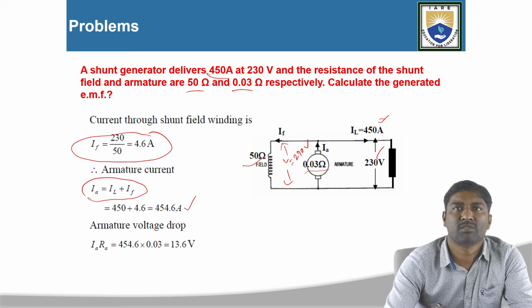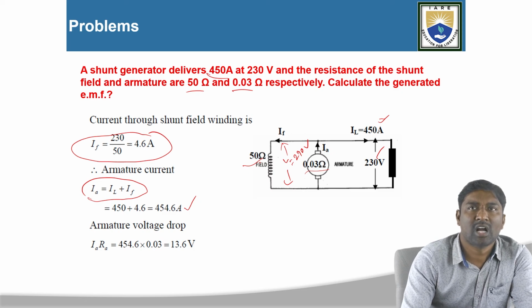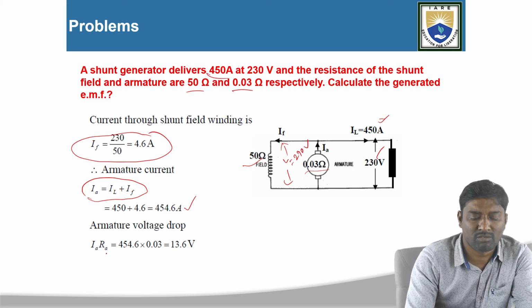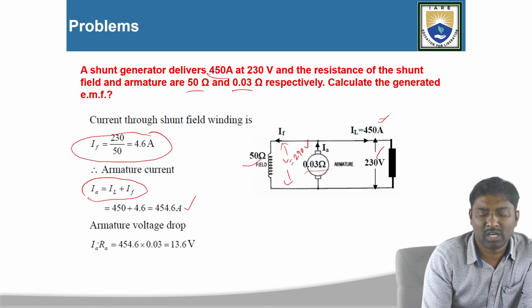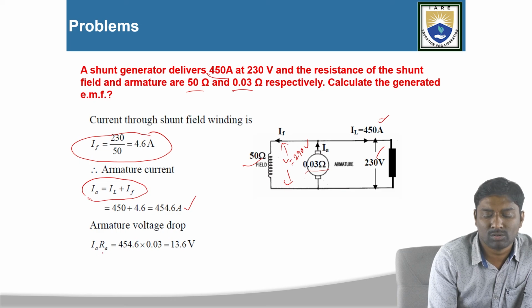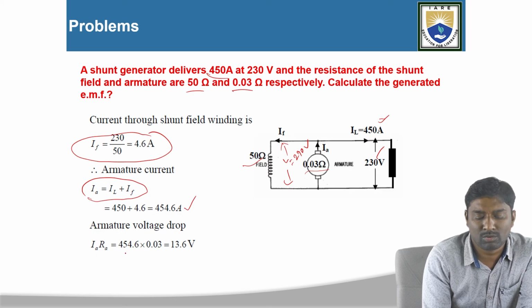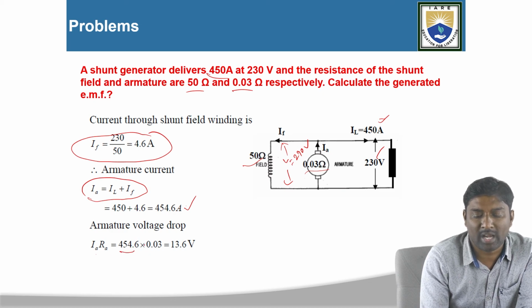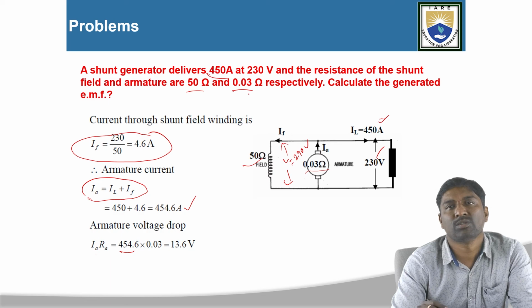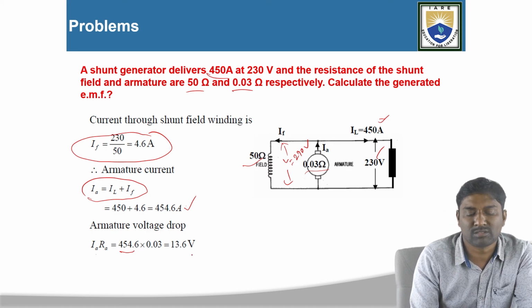Then what was he asking? Calculate the generated EMF. So first you need to find the armature voltage drop, which is armature current 454.6 into RA, given as 0.03. That is 13.6 volts.